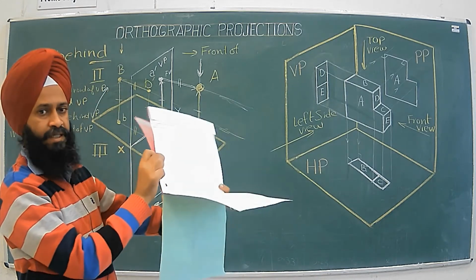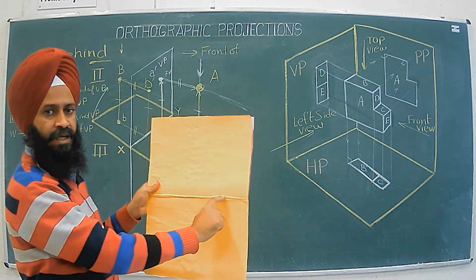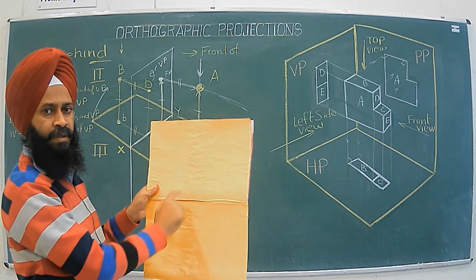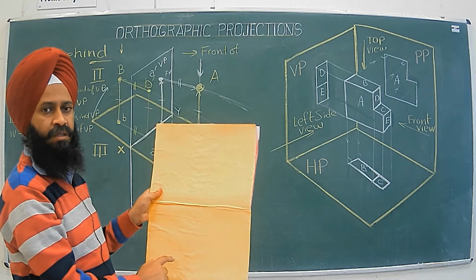So it goes like this. So horizontal plane, xy line and vertical plane. Horizontal plane is above xy line, vertical plane is below xy line for third angle projection.